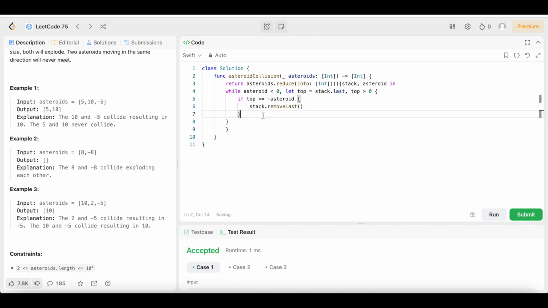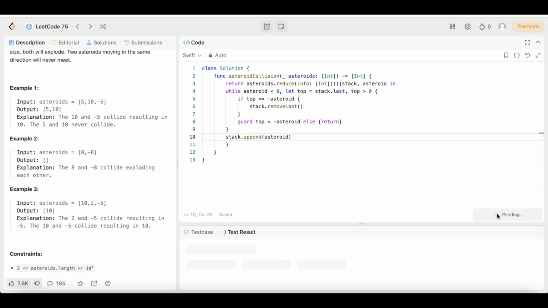Then we're going to say guard top is less than the negative asteroid, else we're going to return. Then we're going to say stack dot append asteroid.